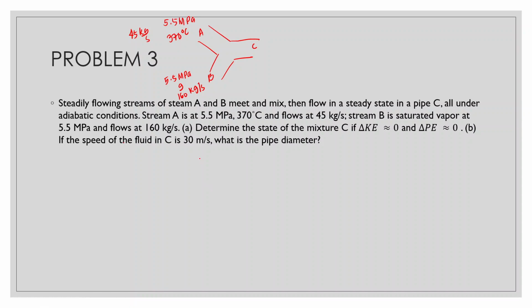Ang gagawin nating una is sa stream A. Pag tinignan natin si stream A sa table, 5.5 MPa. Kung titignan natin siya sa pressure table, 5.5.